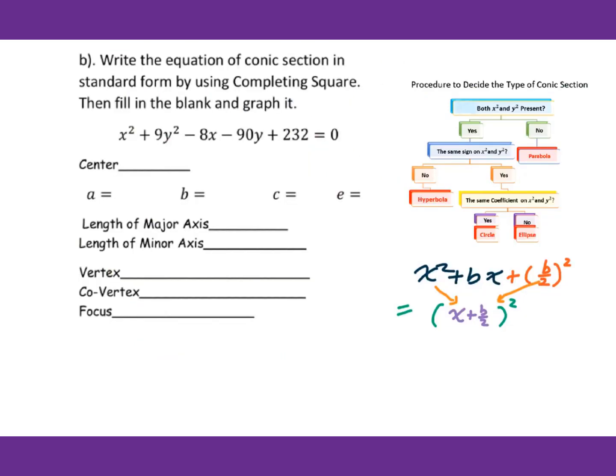For B, we have this equation. According to this equation, we know this is an ellipse because x squared and y squared have the same sign. It's not the same coefficient, so it's an ellipse.